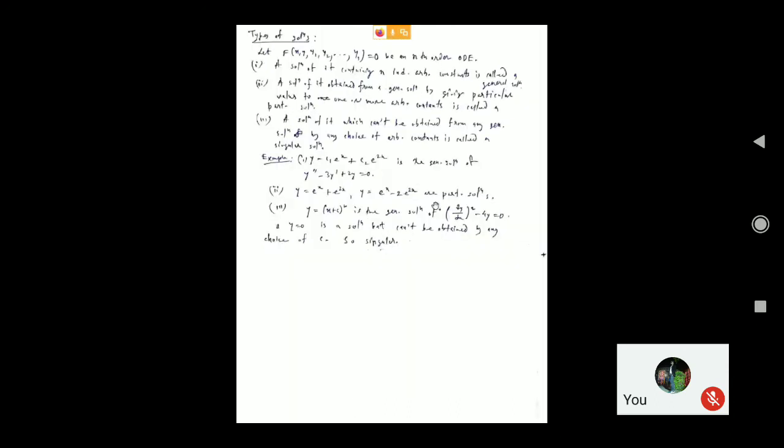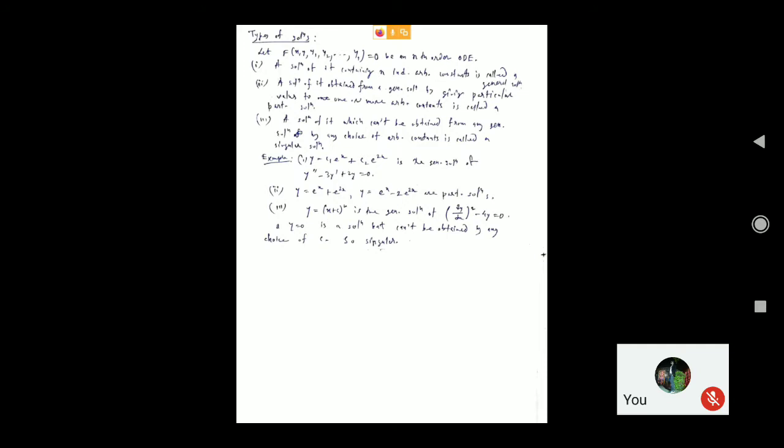Now, several types of solutions are there. Suppose this is an nth order ordinary differential equation. A solution of it consisting of n independent arbitrary constants is called a general solution.